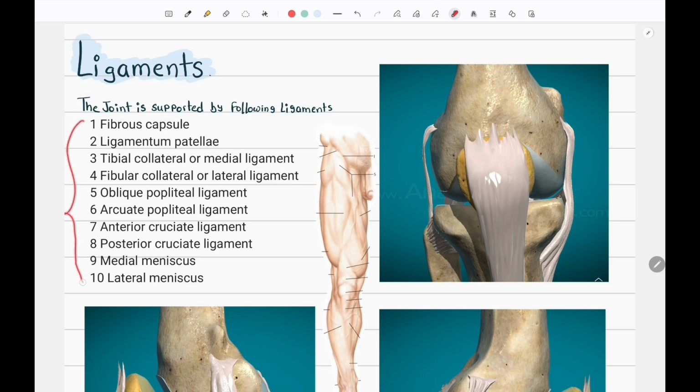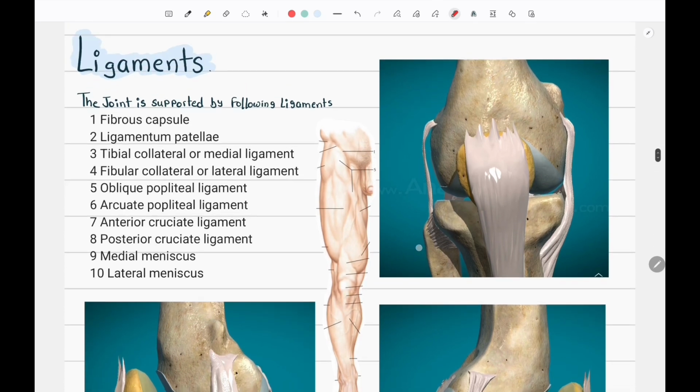So here I have listed all the important ligaments for you to know from the university point of view, which are as follows: fibrous capsule, ligamentum patellae, tibial collateral or medial ligament, fibular collateral or lateral ligament, oblique popliteal ligament, arcuate popliteal ligament, anterior cruciate ligament, posterior cruciate ligament, medial meniscus and lateral meniscus. Now one by one I'll teach you each ligament with the help of my 3D anatomy app.